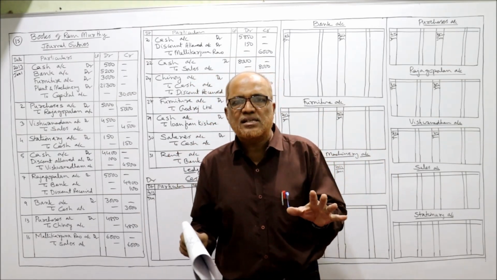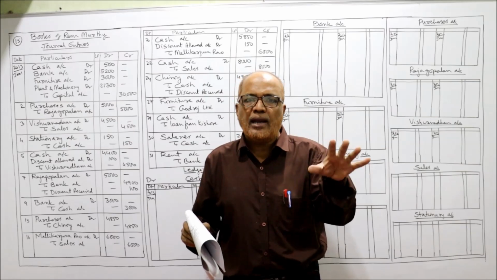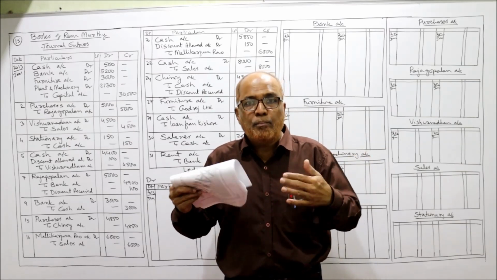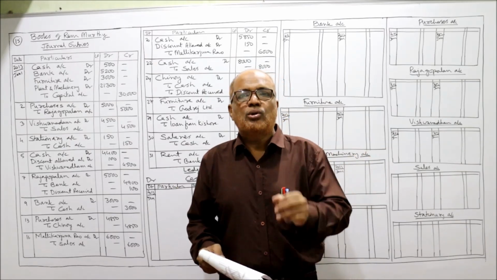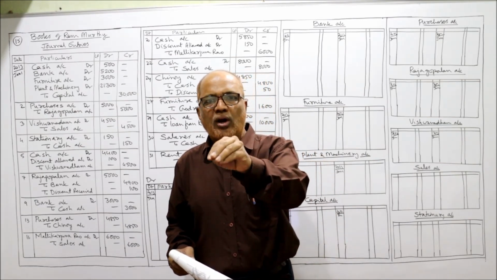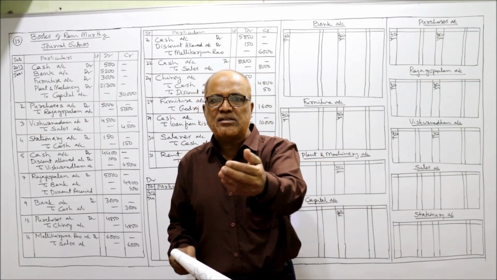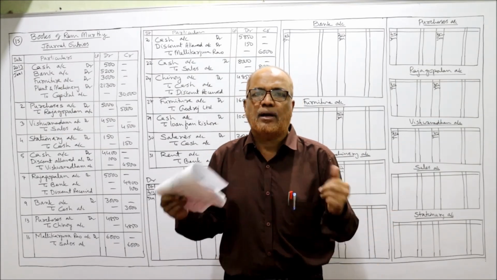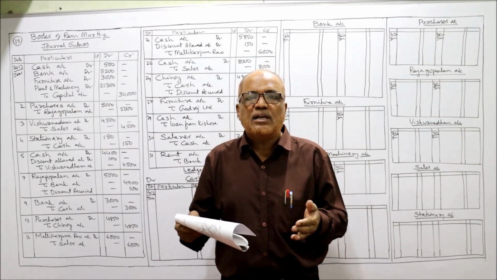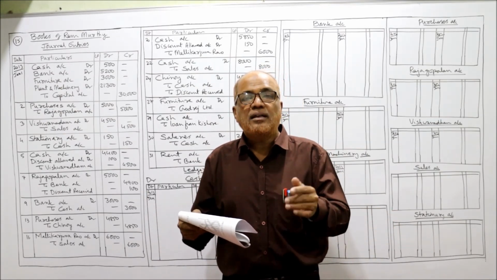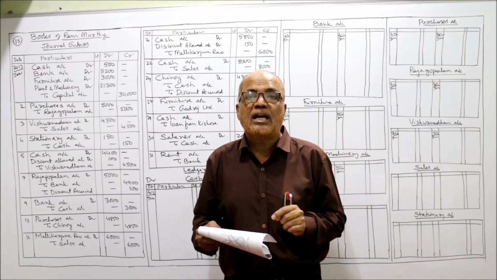It is not necessary that the owner must bring only cash. The owner may bring other assets also. So whatever cash or other assets which the owner brings into the business, it is called capital. So whatever comes in will be debited and capital account should be credited.